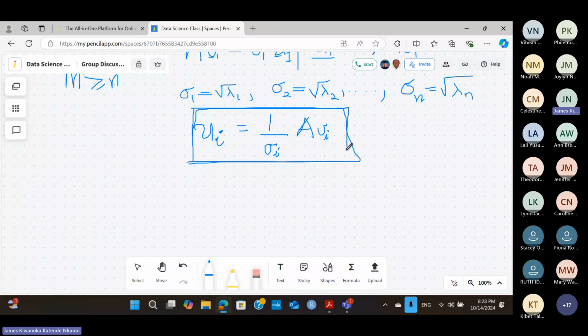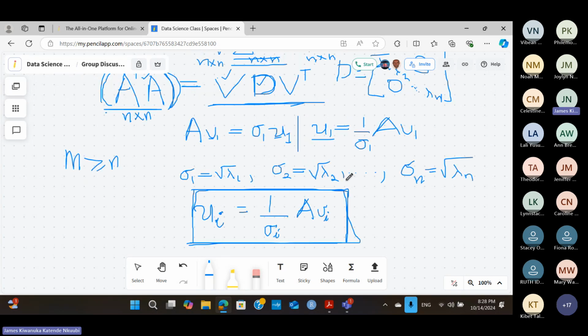But I don't need to extend it because we don't need the other elements of the basis. So this will give me all the Uis I need. I will have obtained all the vectors V1 as eigenvectors of this matrix. And that will be done.